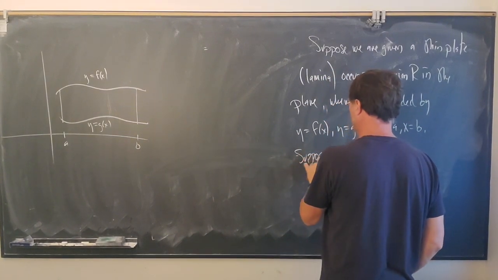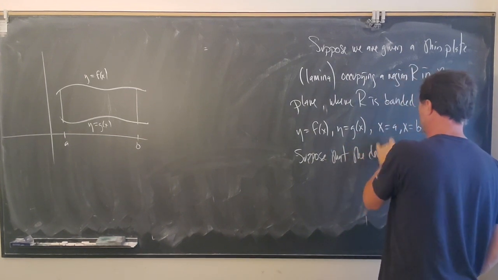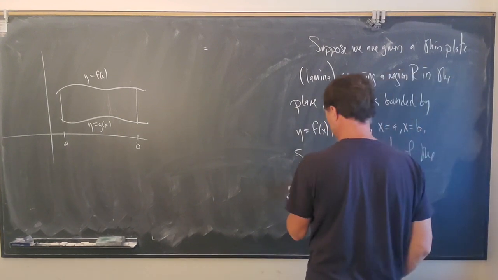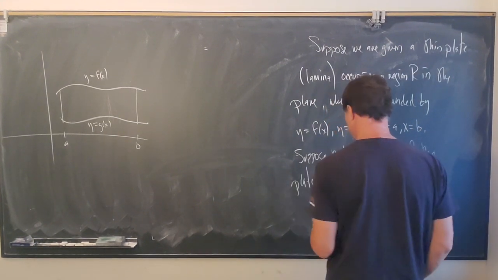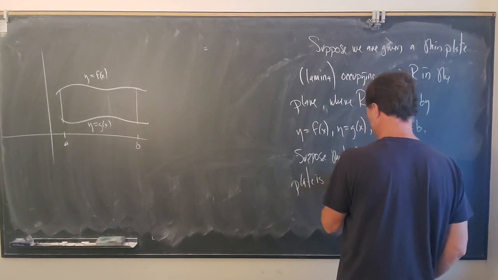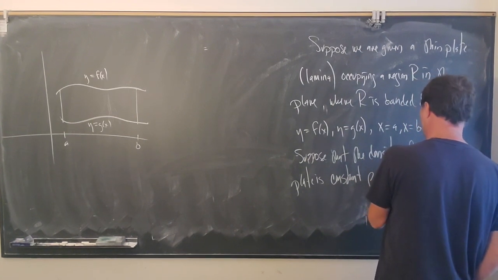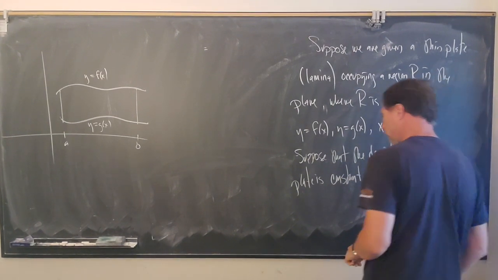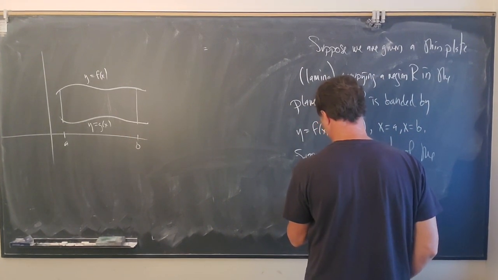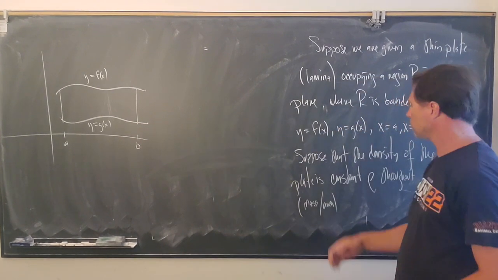Suppose that the density of the plate is constant rho throughout. And remember, what is density? In this case, it's going to be mass per unit area.